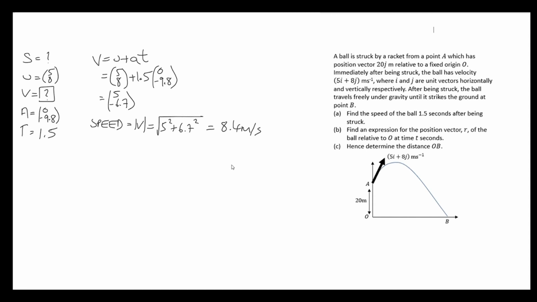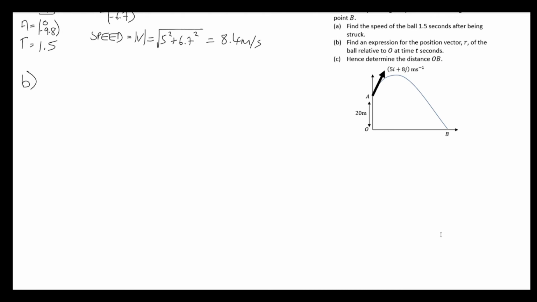In part B of the question, we're asked to find an expression for the position vector r of the ball relative to the origin at time t seconds. We know our position vector is going to be the original position plus our displacement. Well, we know the initial position, it was 20j, or written as a column vector, that's (0, 20).